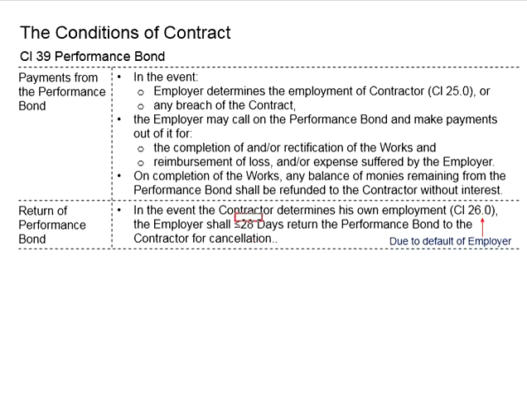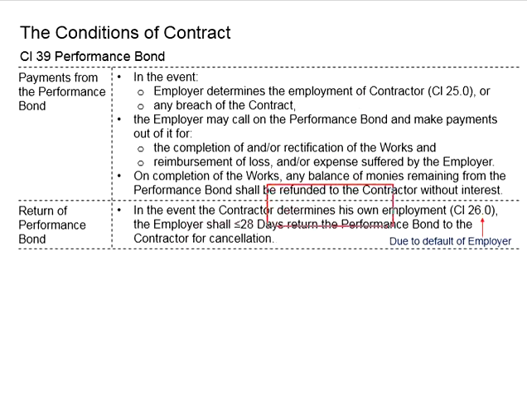Within 28 days from the determination of the contractor's own employment, the employer will have to return the performance bond to the contractor for cancellation.